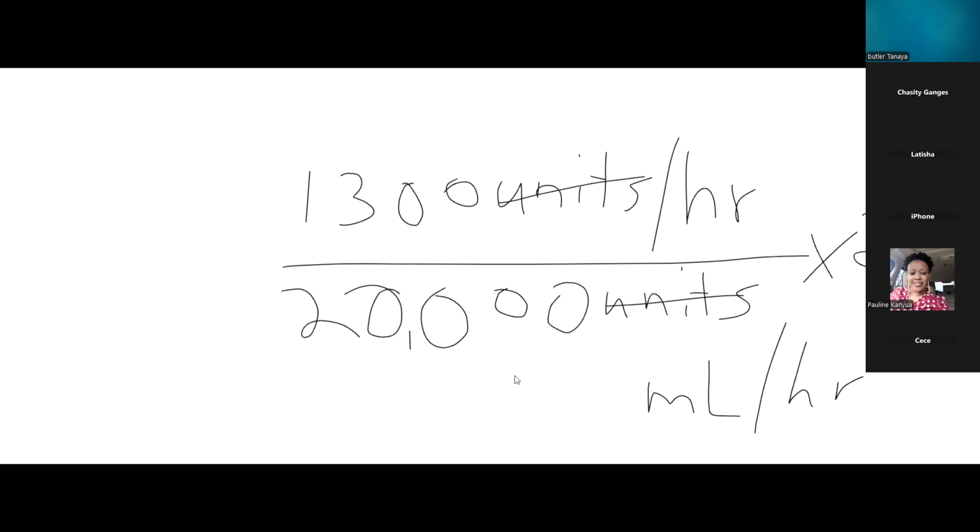1,300 divided by the 20,000 times your 250. And you should have got 16.25. Okay. Now, if I said round it to the nearest tenth, what would it be? 16.3. 16.3, but we're going to round it to a whole number.